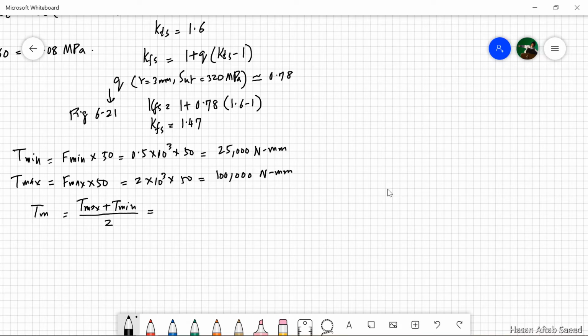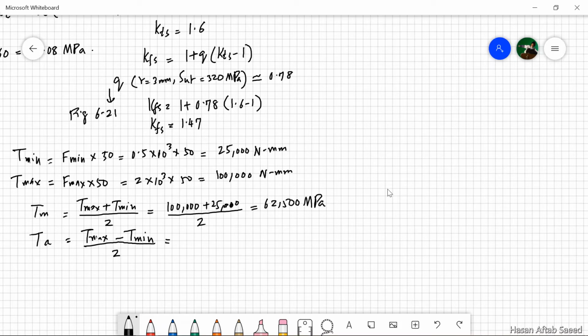We've been using it for forces or for normal stresses, but the concept is very similar to all the fatigue questions. 100,000 plus 25,000 over 2, 62,500. TA is Tmax minus Tmin over 2.